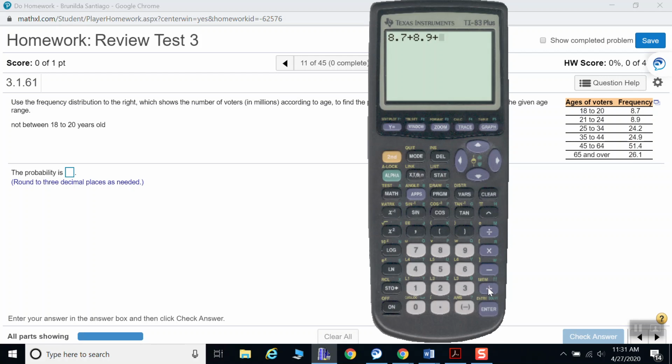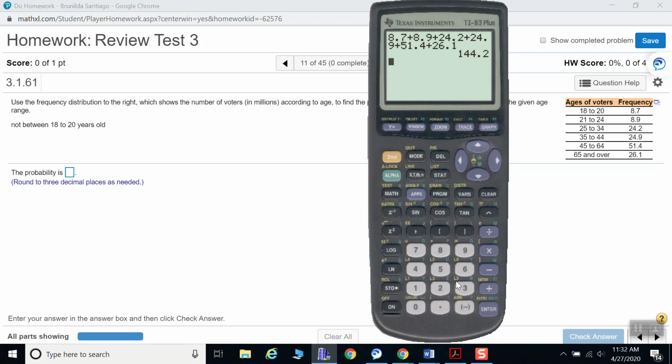So it's 8.7, 8.9 plus 24.2 plus 24.9 plus 51.4 plus 26.1. So these are the sum of the frequencies: 8.7, 8.9, 24.2, 24.9, 51.4, 26.1. And this total will be my denominator.